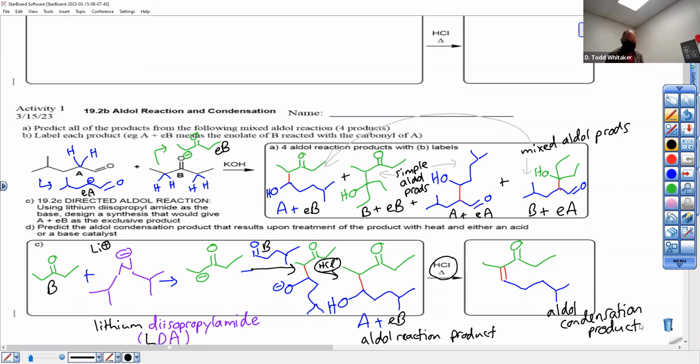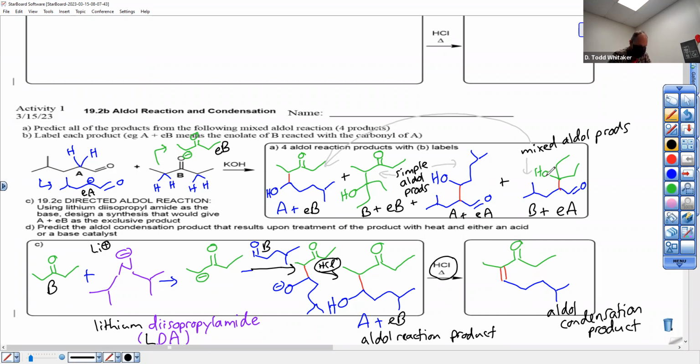A good exercise for you would be to redo this whole thing down in the bottom for the other mixed aldol product. Well, that's the one we just did. B plus, yeah. Nope, that's not the one we just did. This one. This would be your next goal, which means you would start over here with the blue one, A, and add the green one here later.